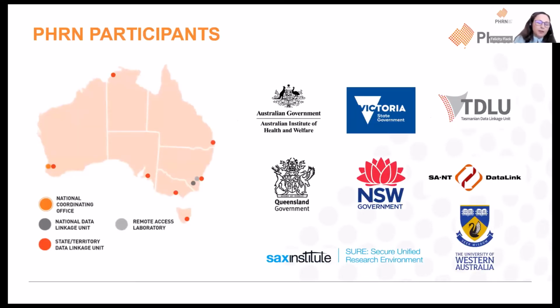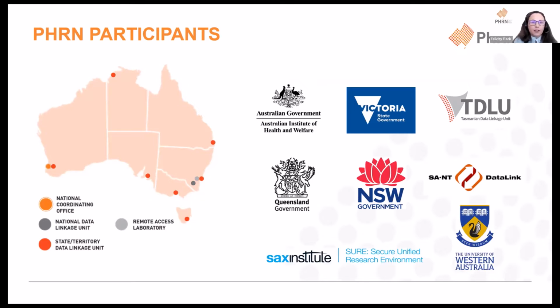There is a jurisdictional linkage unit that services each state and territory. SA NT DataLink links data for both South Australia and Northern Territory, and CHeReL in New South Wales links the data for New South Wales and the ACT because the territories are a little bit small to have their own linkage unit. But every other jurisdiction has its own, including the Commonwealth, where the AIHW is the Commonwealth linker.